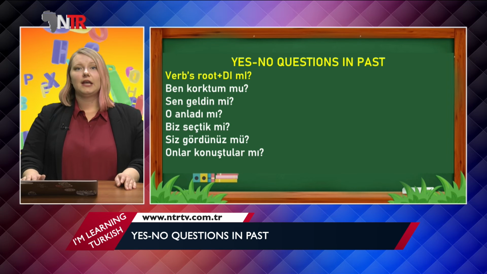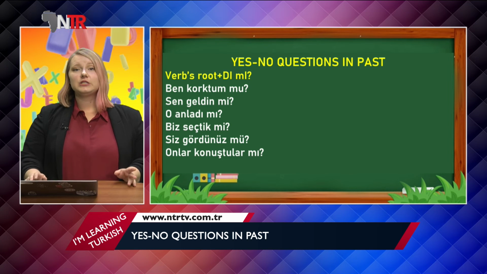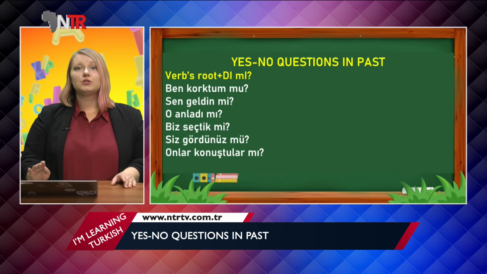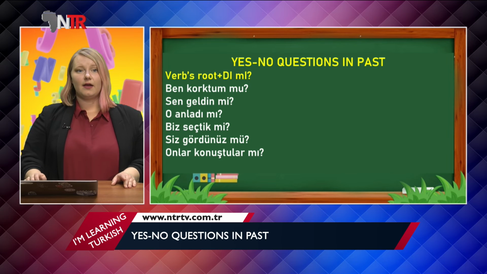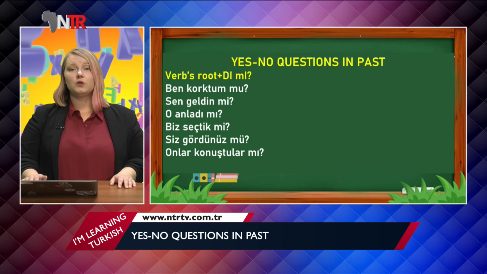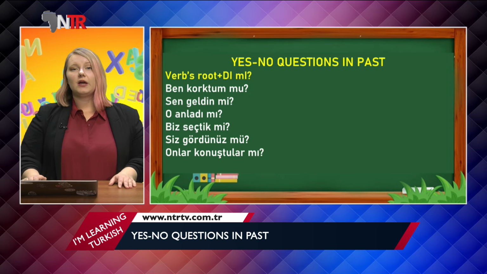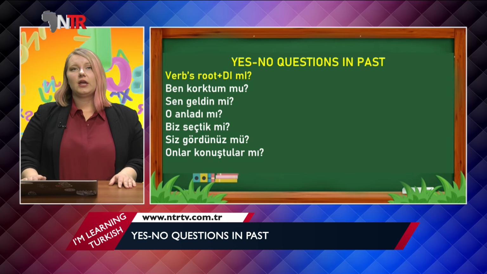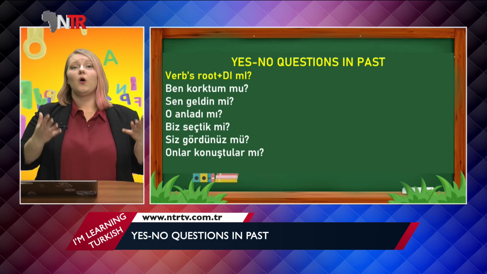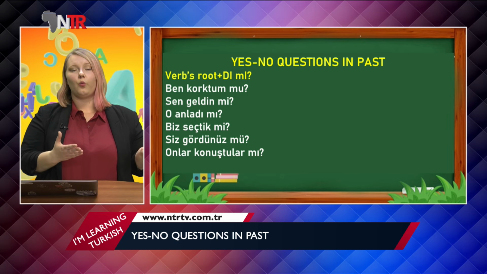So yeah, now we see that asking questions in past tense is really much easier than in our normal present tense, which we used before. Because in present tense, we had to take our -yor to the verb.